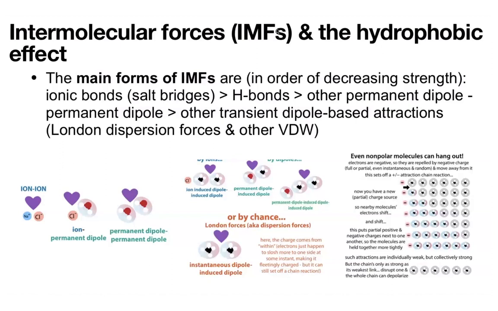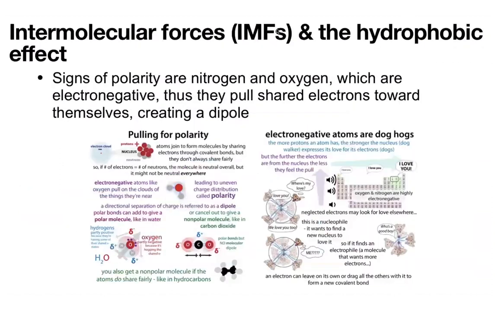Now we're going to have various temporary or various permanent dipoles. But next, we're going to have our permanent dipole type attractions, the strongest form of which is going to be our hydrogen bond. And so we consider the hydrogen bonds as kind of like their own separate class, and we'll discuss them in more detail in a minute. But basically, we can get this partial charge by having a polar molecule.